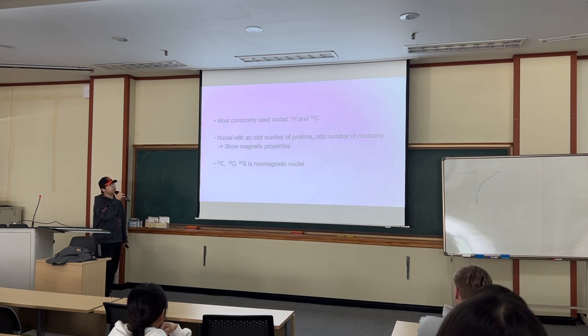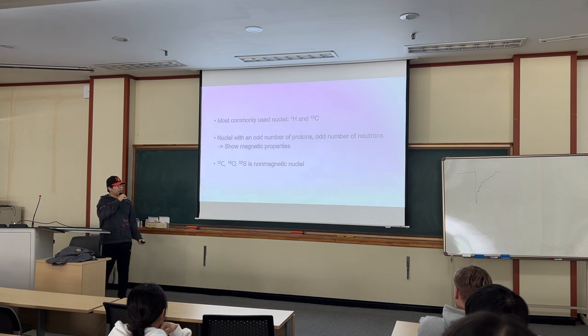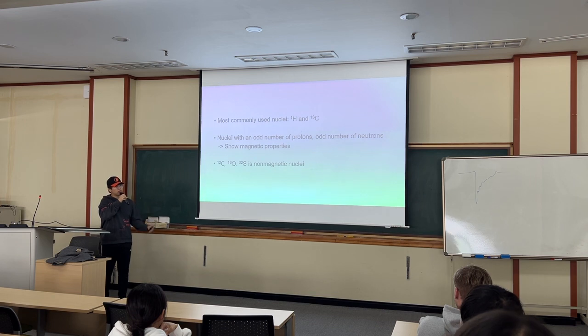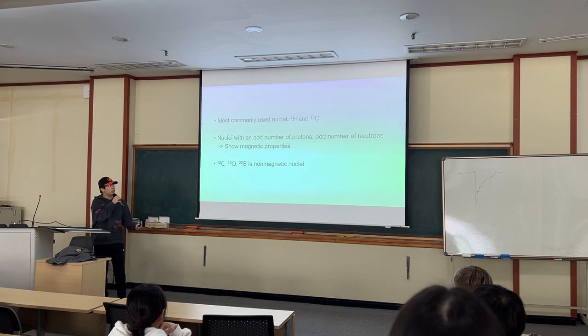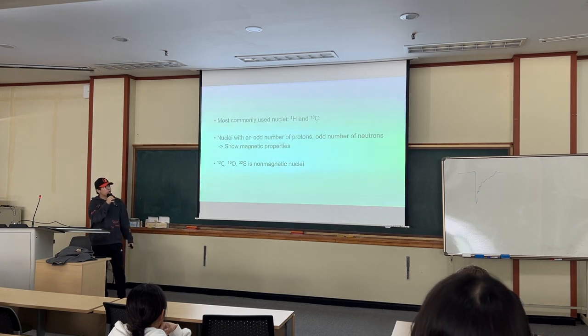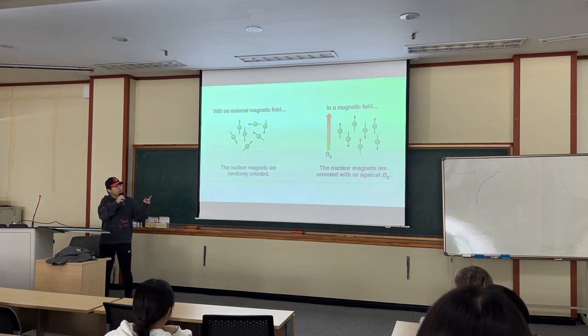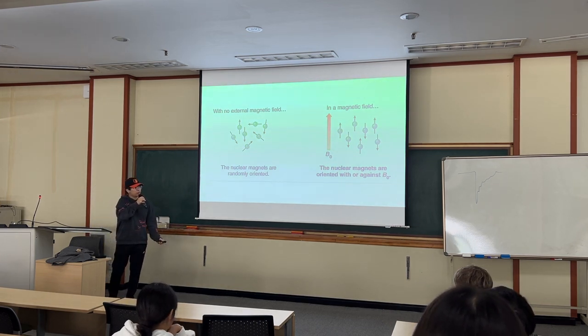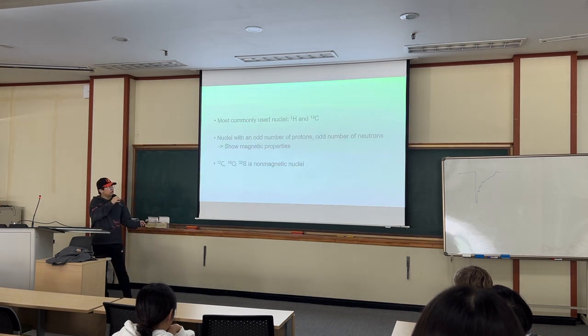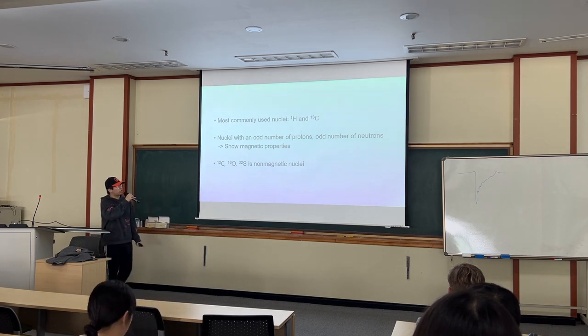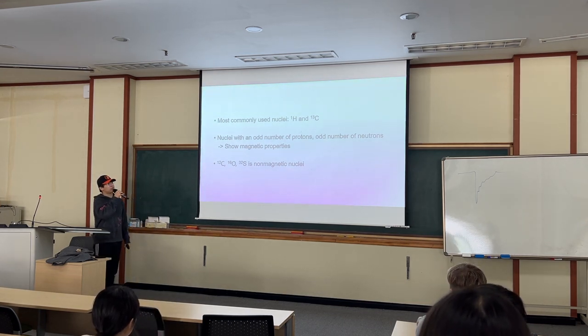This is because if the numbers of protons and neutrons are even, then they don't have magnetic characteristics. NMR gives a magnetic field and checks the spin, so like carbon, oxygen and sulfur we can't check with NMR.